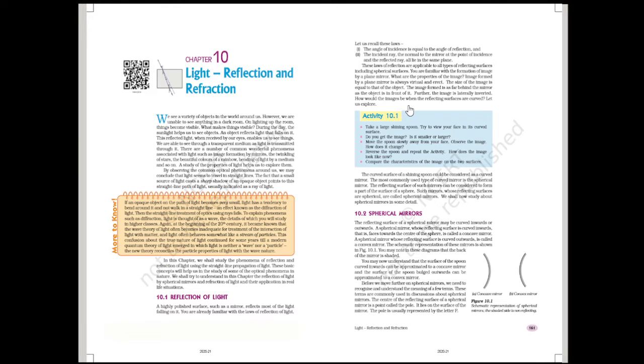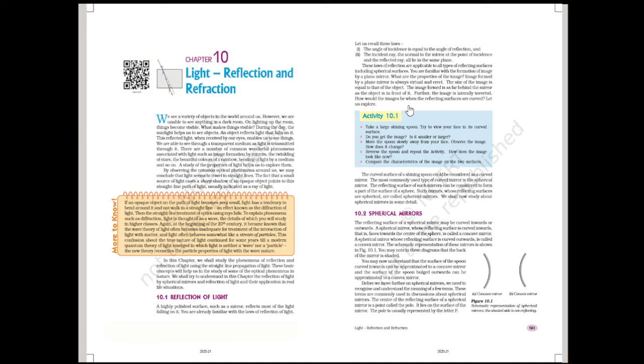So you are familiar with the formation of an image by a plane mirror. What are the properties of an image? The properties mean how the image is formed: virtual or real, erect or inverted. The image formed by a plane mirror is always virtual and erect.